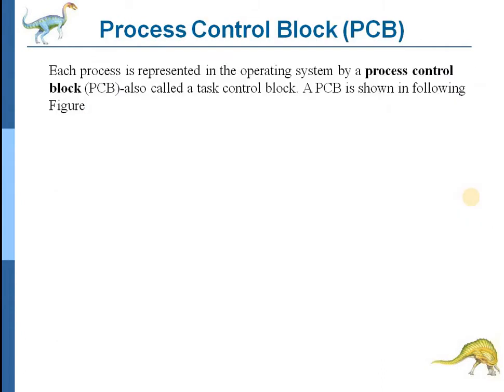Next is the process control block. Each process is represented in the operating system by a process control block. It is also called a task control block. The PCB is the data structure where all the information related to the execution of a process is stored.